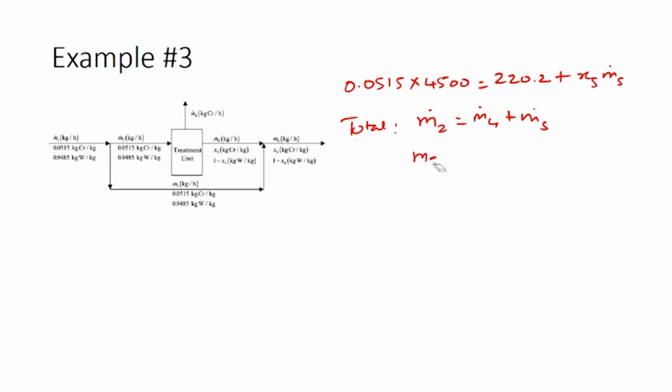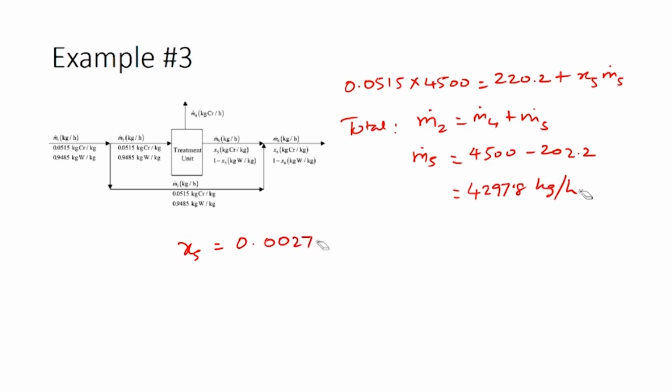So, we can calculate M5 as 4500 minus 220.2, giving you a value of 4279.8 kilograms per hour. Substituting the value for M5 dot in the chromium balance equation, we end up with X5, the mass fraction of chromium in stream 5 leaving the treatment unit, as 0.002707 kilograms per kilogram.